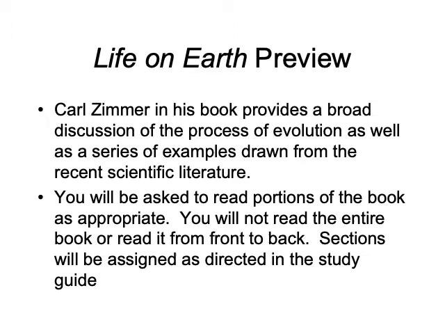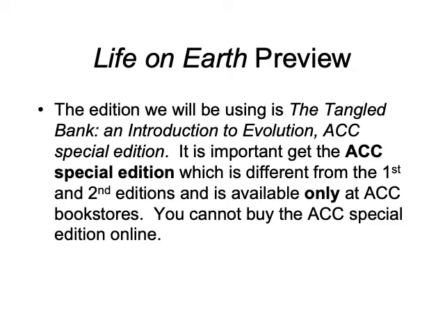But you can only buy it new from the ACC bookstore. Okay? Now, we won't read all of that book, but we will read considerable portions of it. You'll be directed to what you're going to read as you go through it. Okay? So, ACC Special Edition.